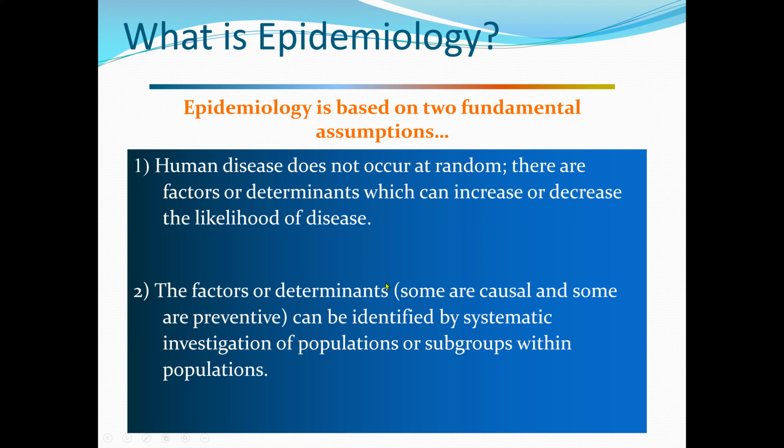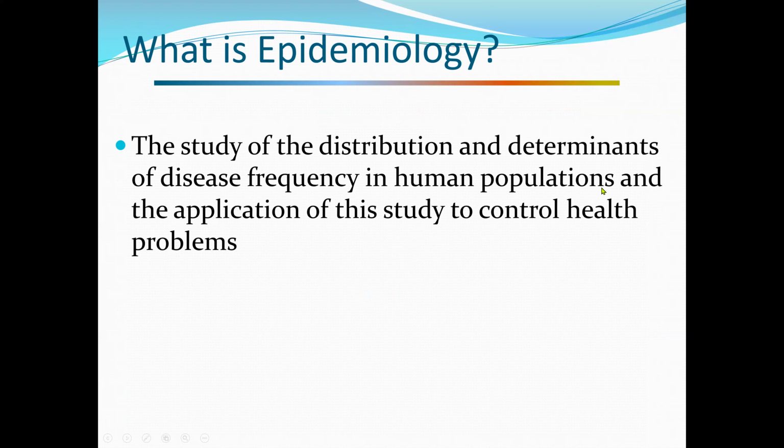So the epidemiology definition is the study of the distribution and the determinants of disease frequency in human populations, and the application of these studies to control health problems. Most of the time, epidemiologists are involved in collecting data, analyzing the data, and trying to find a relationship between the risk factors and the disease, or the exposure and the disease.